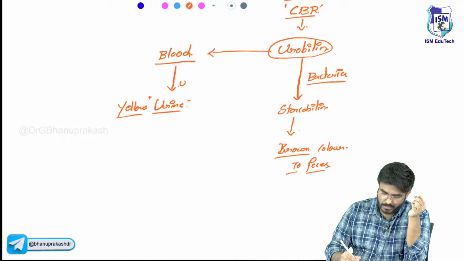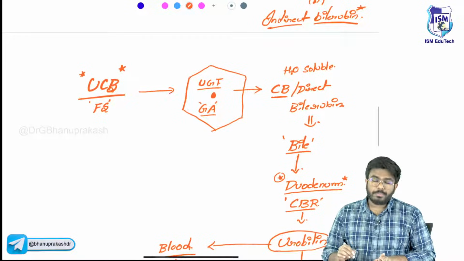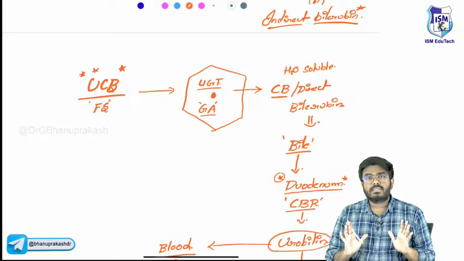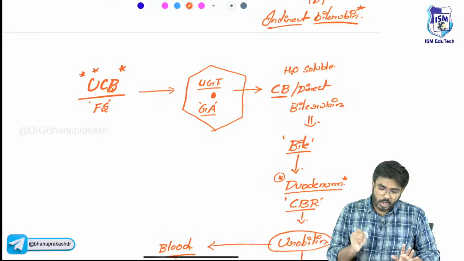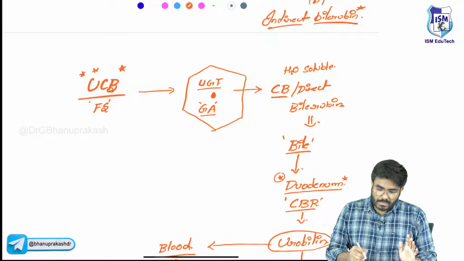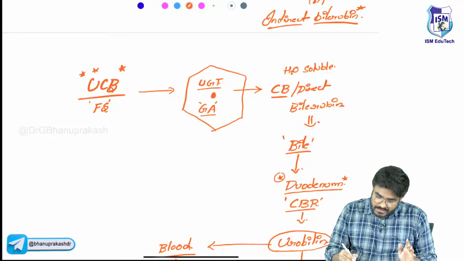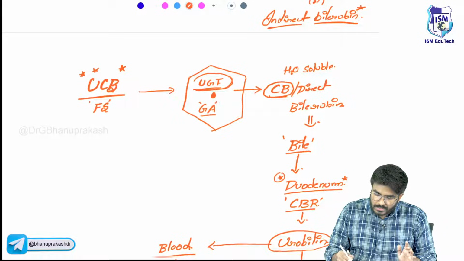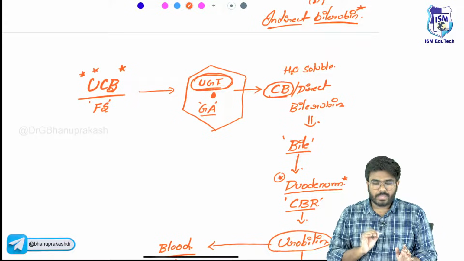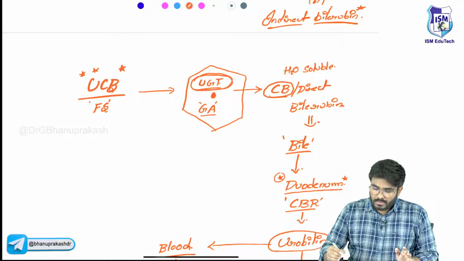So what I have explained here is simple. You have unconjugated bilirubin, which is a fat soluble molecule and a degradation product of RBCs. It is converted into conjugated bilirubin with the help of UDP glucuronyl transferase, UGT.